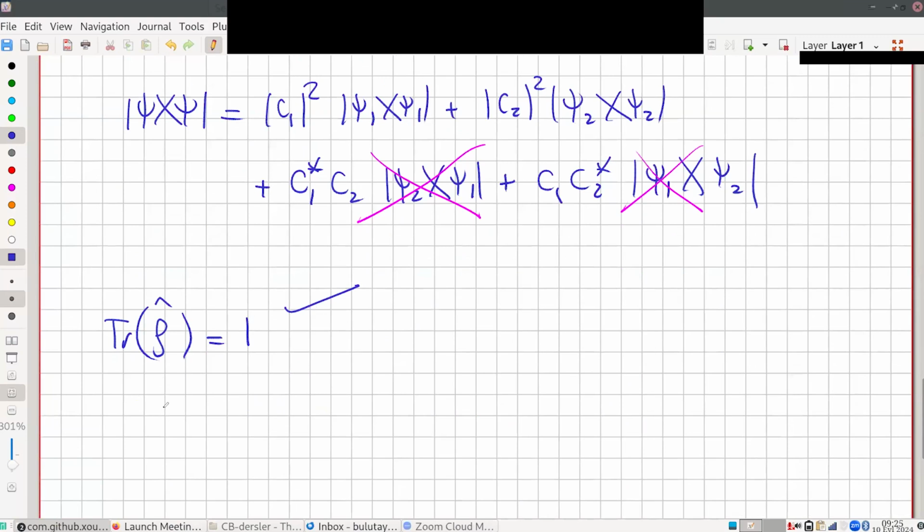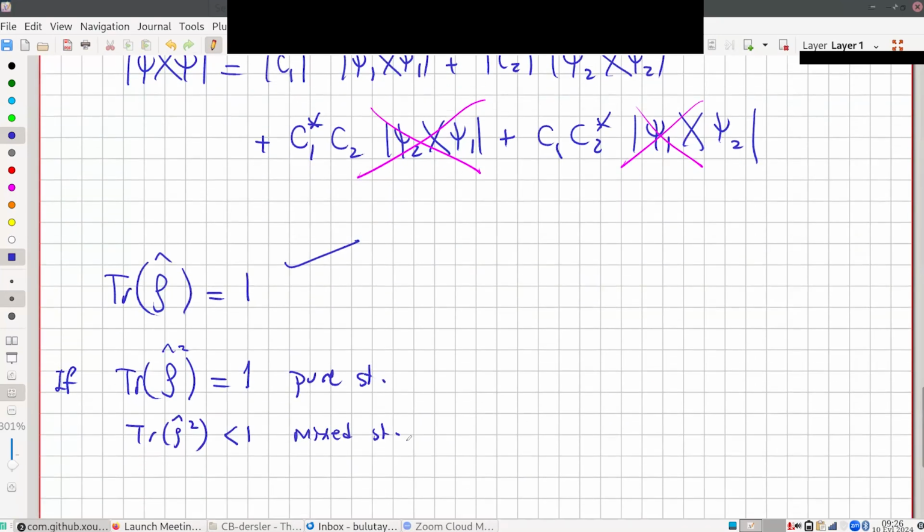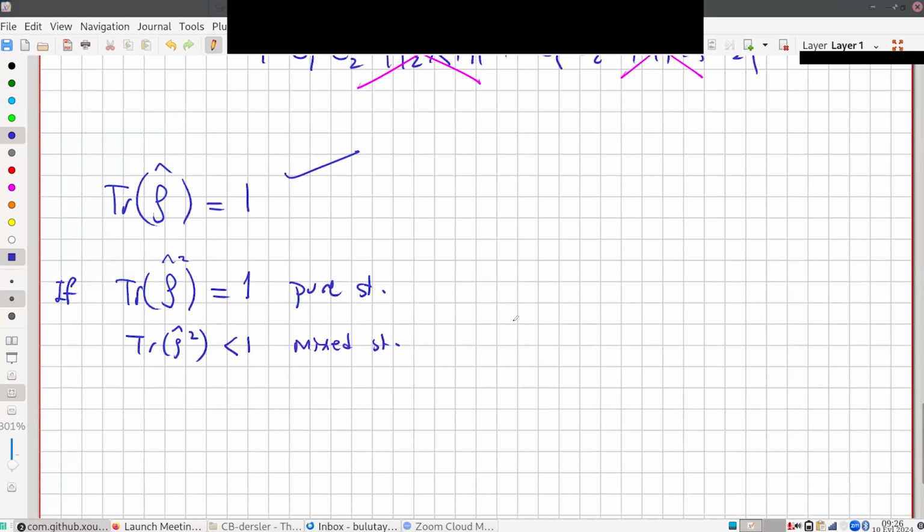But the trace of rho squared, is it 1? That is the checkpoint. If this is 1, then this is a pure state. If the trace of rho squared is less than 1, it cannot be larger than 1, then it's a mixed state. This is for a qubit, for 2 dimensions, d equal to 2.